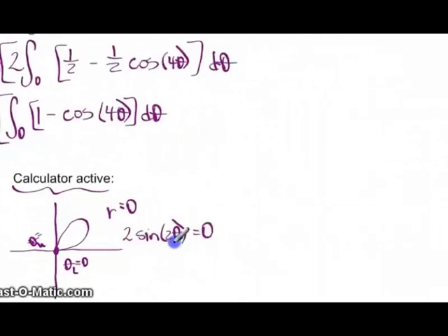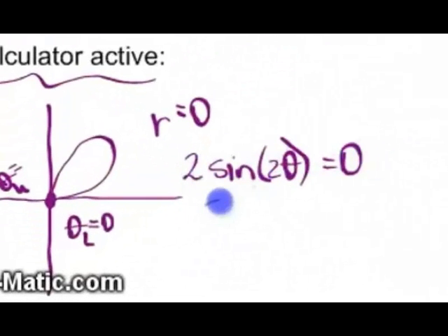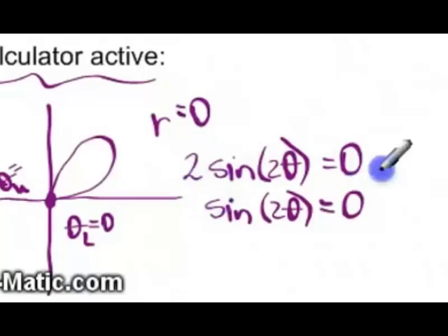So let's solve this for theta. I'm going to divide both sides by 2, so the sine of 2 theta equals 0. Then I'm going to take the sine inverse of both sides. I'll go ahead and write it down so it'll be in your notes.